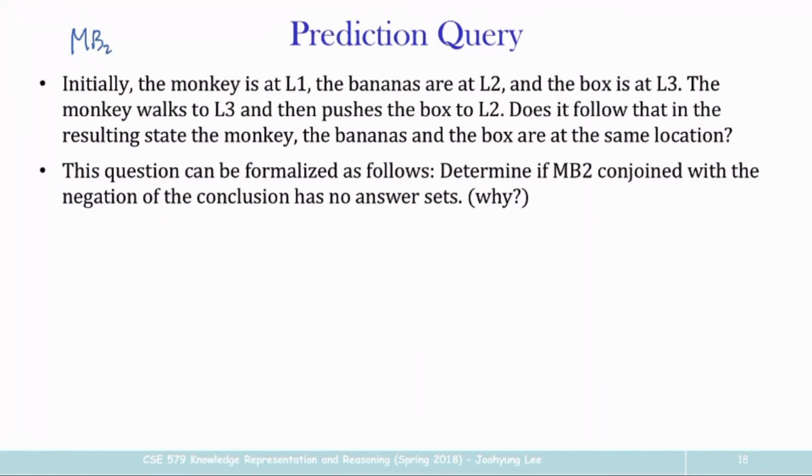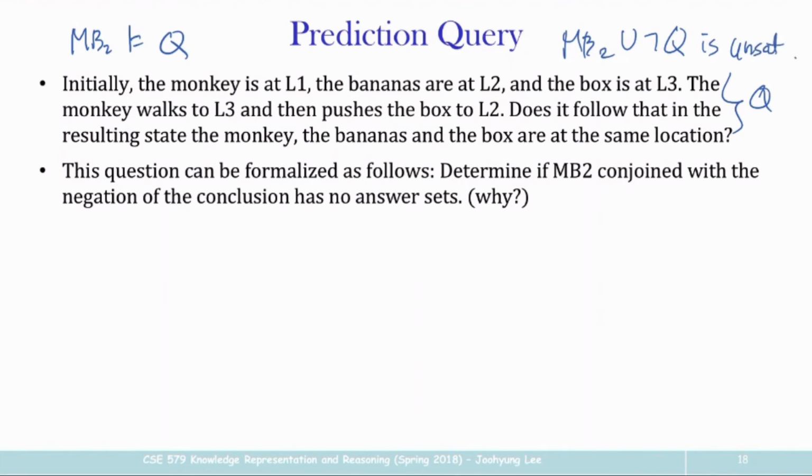Now the query that we want to answer is: if this situation is true, then will the bananas and the box be at the same location at time 2? So we want to check this claim, that MB2 entails this query. But instead of that, what I can do is negate it, and this has no stable model.